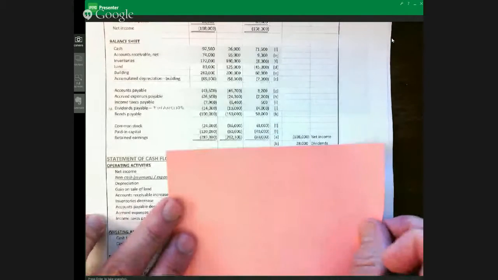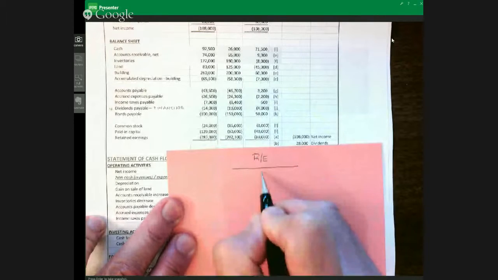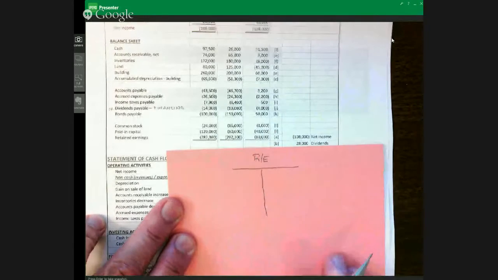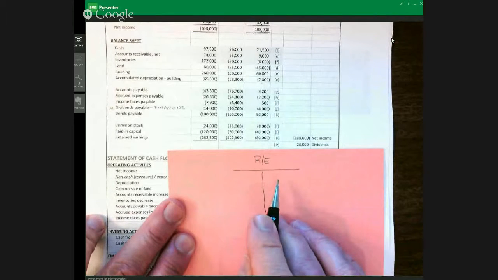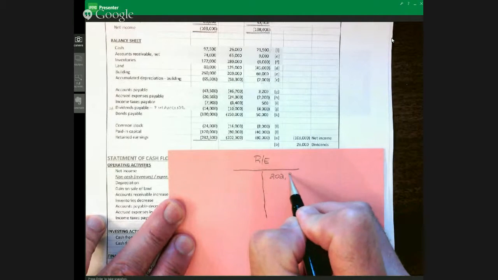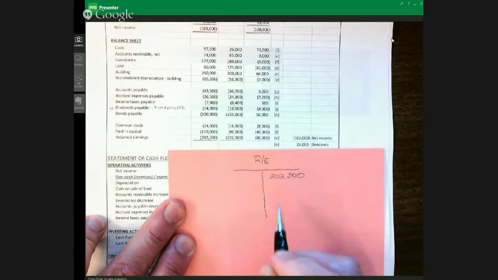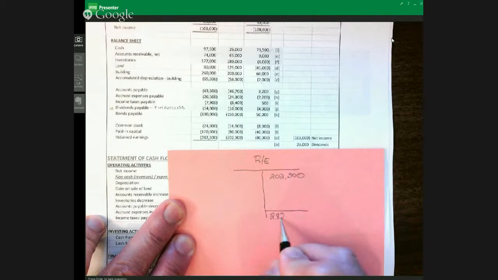So let's examine the retained earnings account. Retained earnings resides on the right-hand side of the balance sheet, so it would be increased with right-hand entries. So retained earnings begins the year with $202,300, and it ends the year with $282,300.